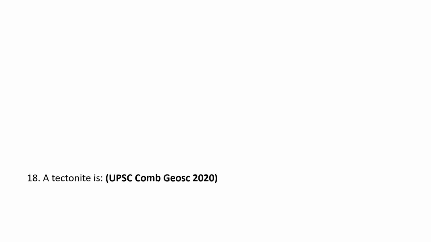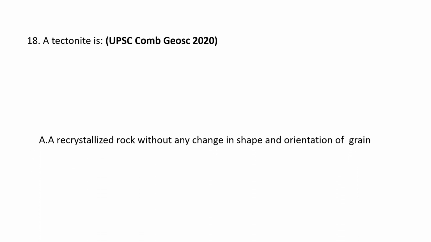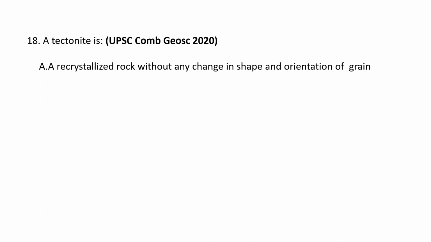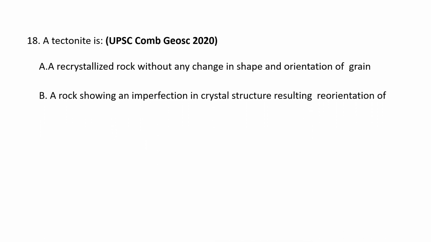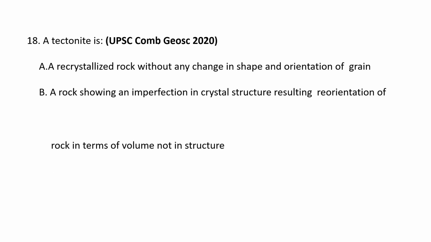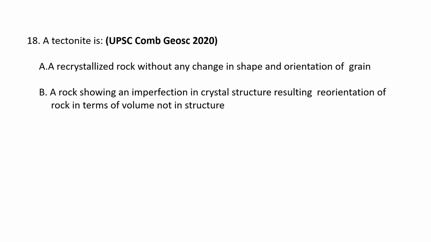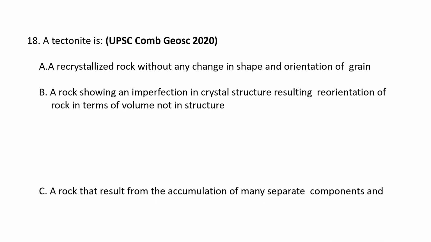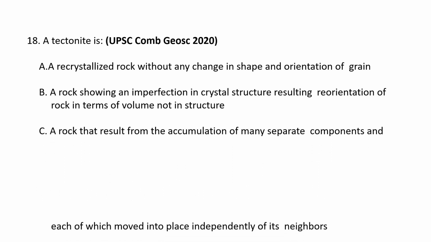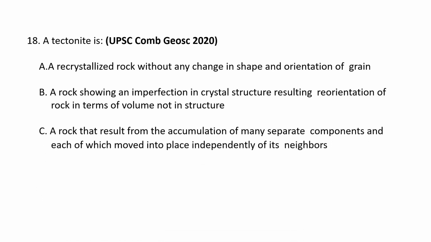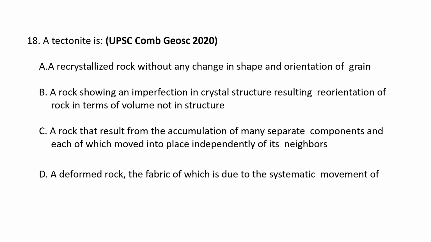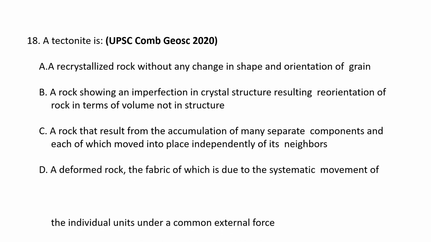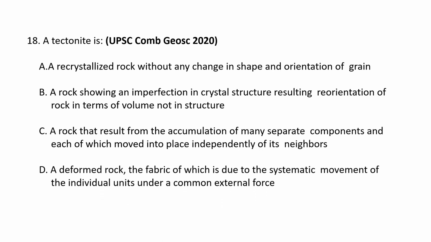Next question. A tectonite is, so what is a tectonite? A. A recrystallized rock without any change in the shape and orientation of the grain, B. A rock showing an imperfection in crystal structure resulting in reorientation of the rock in terms of volume and not in the structure, C. A rock that results from the accumulation of many separate components, each of which moved into place independently of its neighbors, and D. A deformed rock, the fabric of which is due to the systematic movement of the individual units under a common external force.